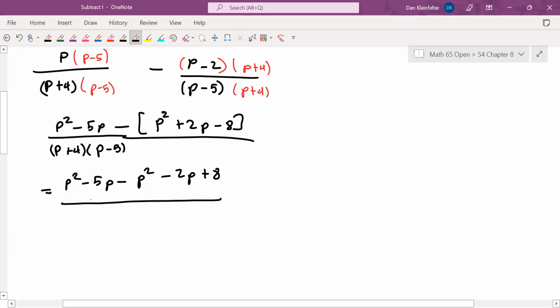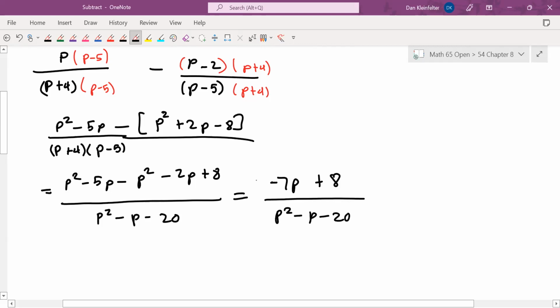And in the denominator, we'll go ahead and multiply that out. Okay, almost done here. This time the p squareds go away. We'll have negative 7p plus 8 in the top, and then p squared minus p minus 20 in the bottom.